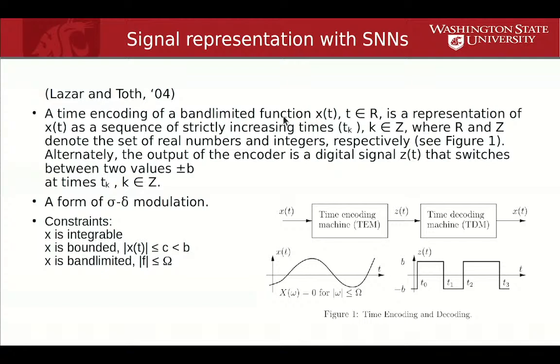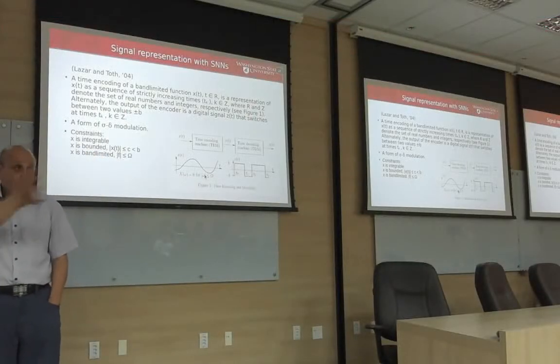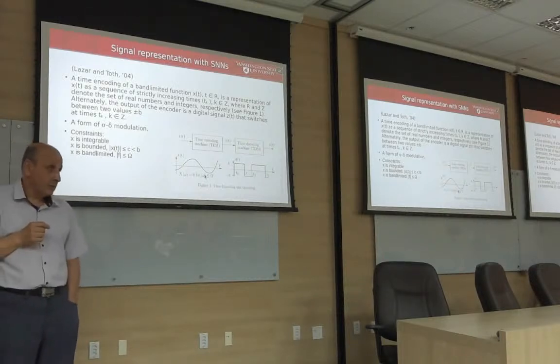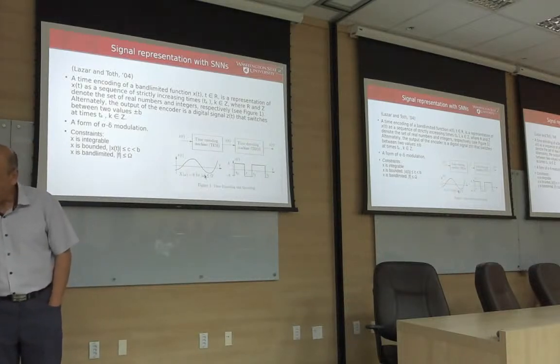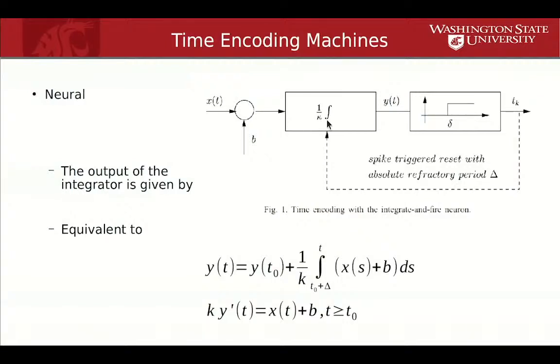So we have a continuous signal. How can you represent it with discrete events? Turns out there's even an older engineering result. This is roughly sigma delta modulation. What they did is convert that to neural representation, and you can see and track it here.